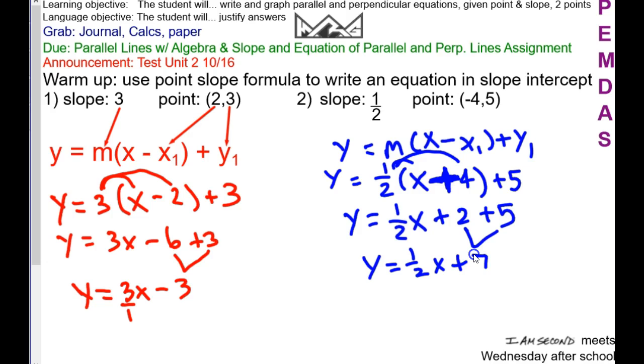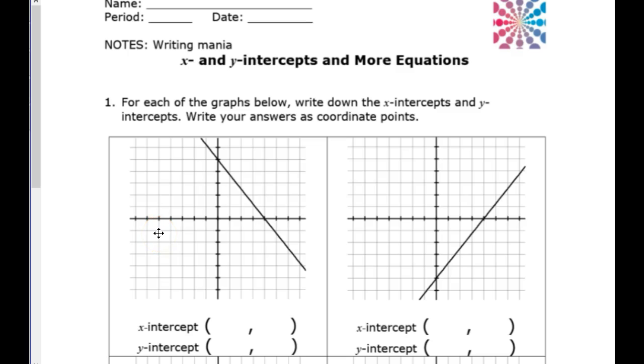So, let's go ahead and look at the packet you grabbed on the way in. It's called Writing Mania. It's written right here. The first part is us covering x and y intercepts and getting back into equations, and then we'll be graphing.